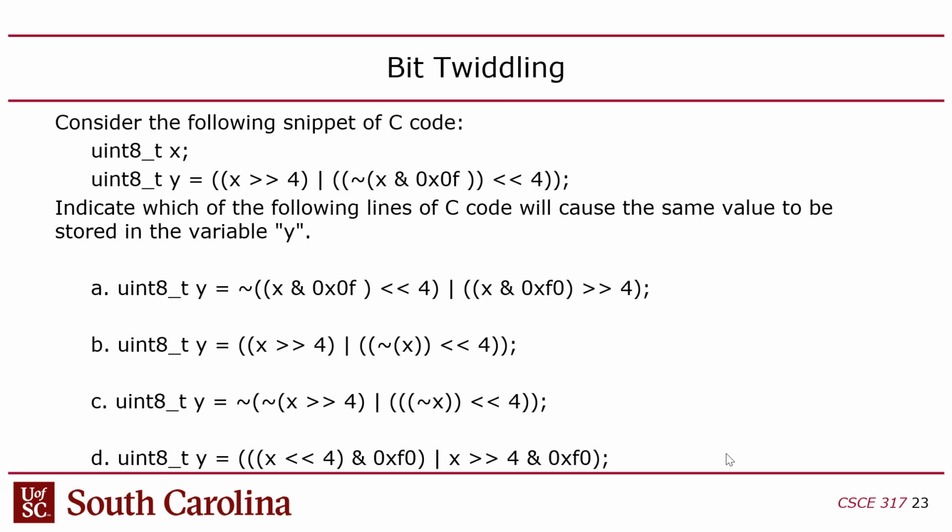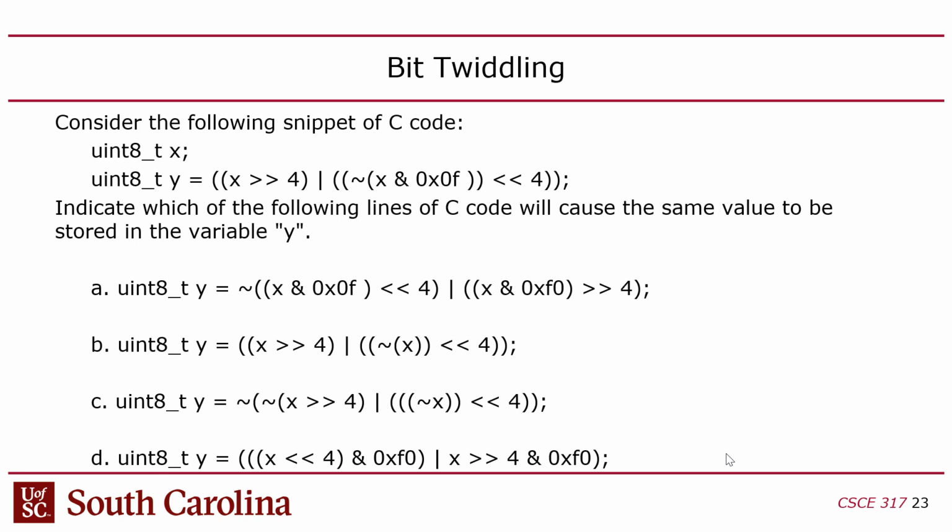Now this question is a little obnoxious. It says, consider the following snippet of code. Indicate which of the following lines of C code will cause the same value to be stored in the value y. So this is basically saying find the equivalent code. There are two ways to do this. In this case, I'm taking the value of x, shifting it 4 bits to the right, taking the value x, masking off the lower 4 bits, inverting it, and then shifting that to the left by 4 bits, and then combining them together.